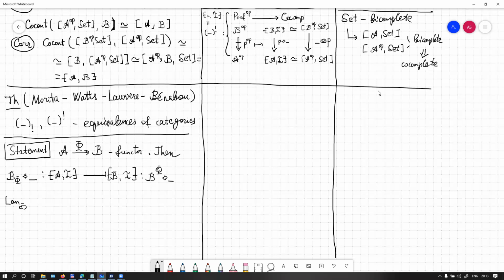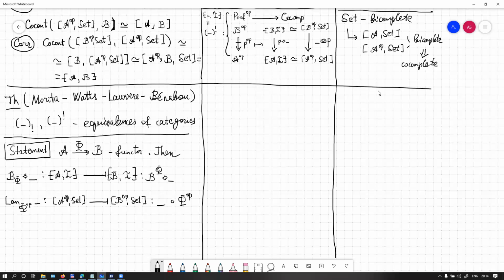This can be unraveled as the adjunction between presheaf categories given by composition with a functor and left Kan extension along this functor.